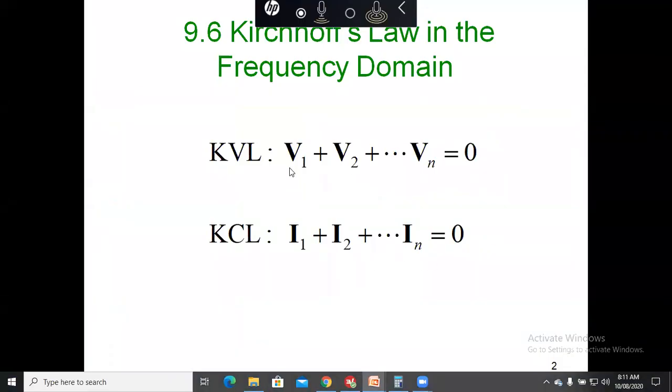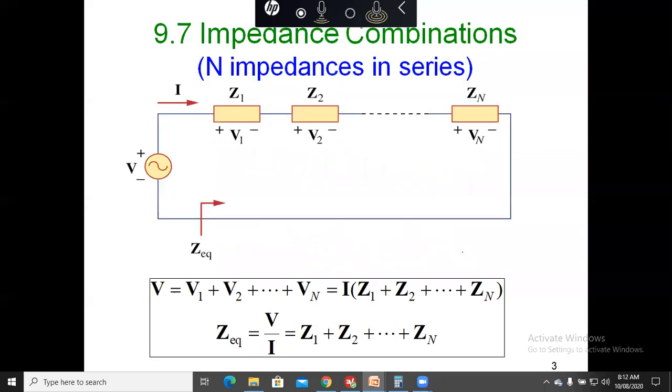In phasor or frequency representation, the sum of all the phasor voltages is equal to 0, and the sum of all currents in the network is 0. We will see this implementation in the network.